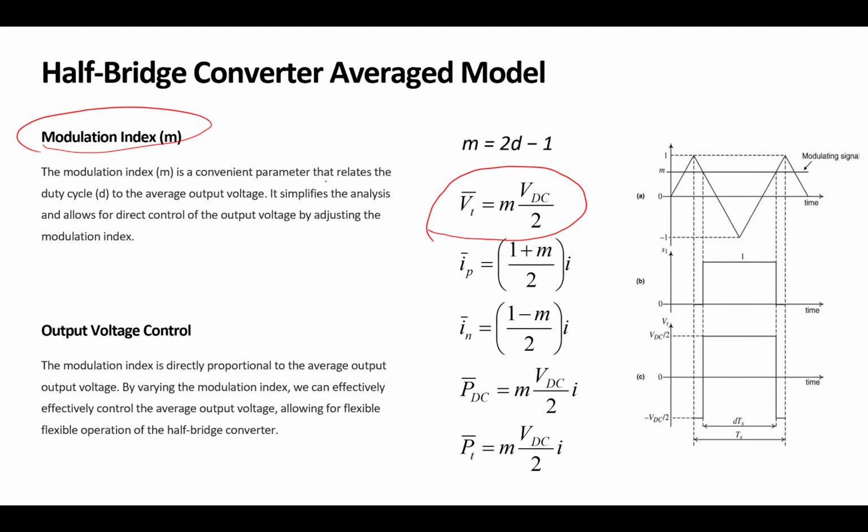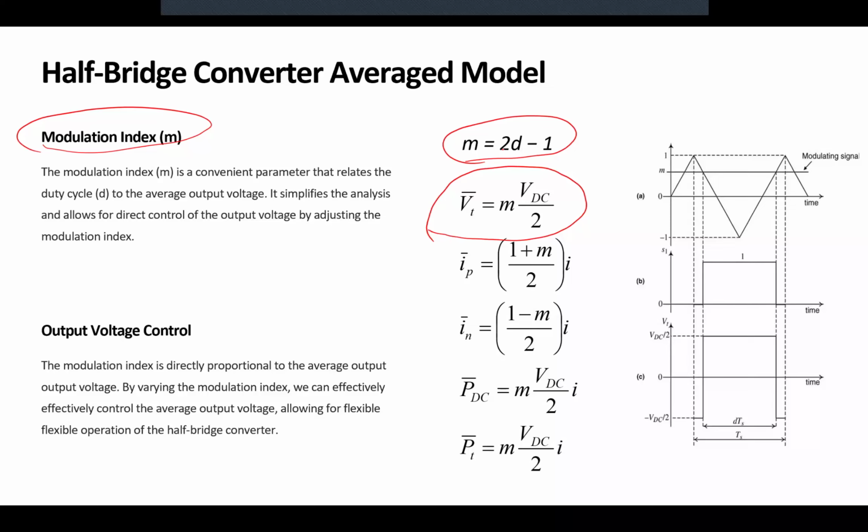Now, anyone can tell me what would be the limitation of M? Like the boundaries of M? What would be the lowest value that M could get and the highest value that M could get? You have the formula here. M is 2D minus 1. Correct? Okay, so what was D?